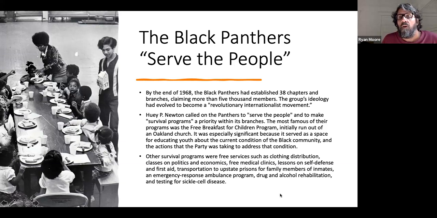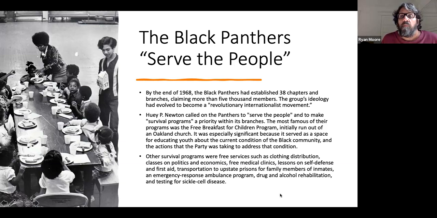Huey Newton called on the Panthers to, quote, serve the people and to make survival programs a priority within its branches. Serve the people was a slogan that had come from Mao Zedong in communist China.